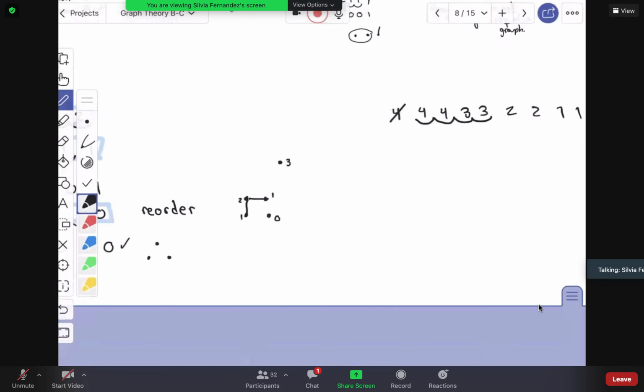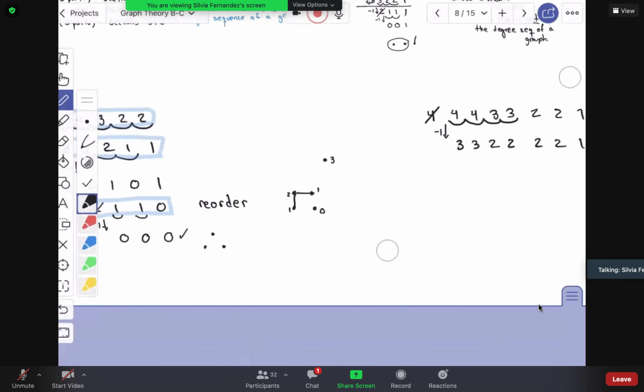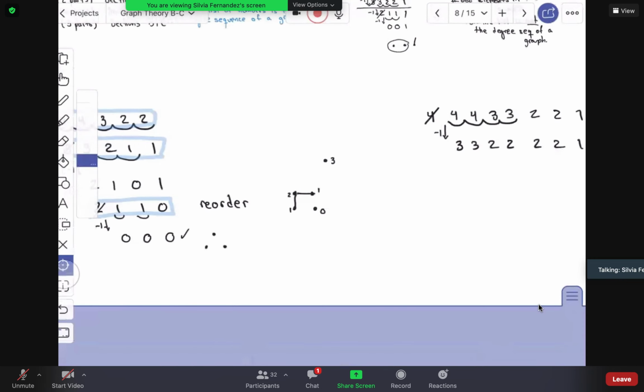So the 4 tells me which ones I'm subtracting, how many, and which ones I'm subtracting from. So I only subtract from the first 4 in this case, and I leave the others alone. You see? Okay. So it's not that the last one is always left alone. No. The number that you're removing tells you which ones are affected, all others are left alone.